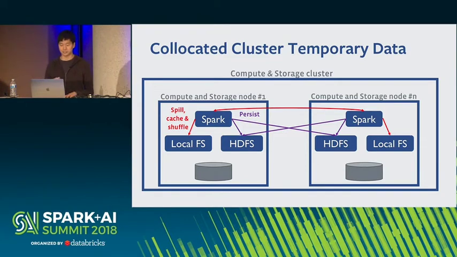This temporary data is used for things like spilling, for shuffle, and for caching when you cache to disk. The way Spark uses this is it will read and write from its local file system, and then possibly also get data from different Spark components in different nodes.